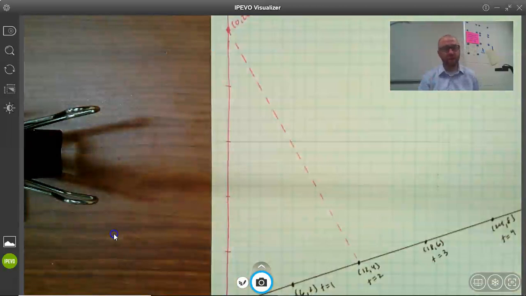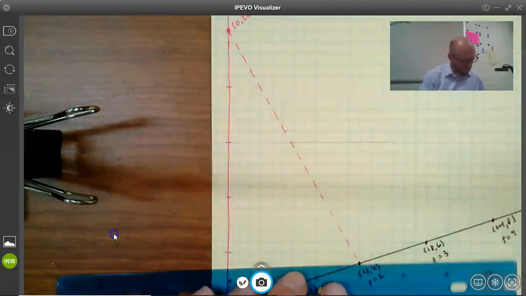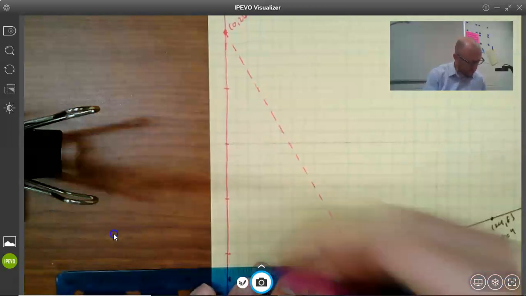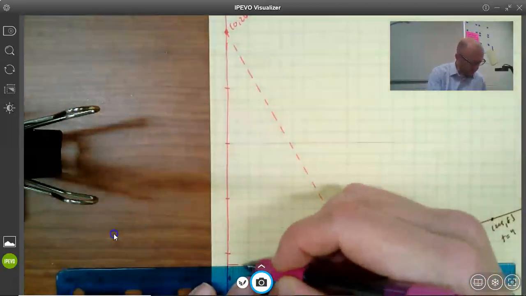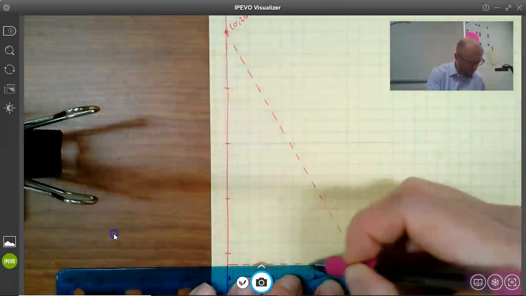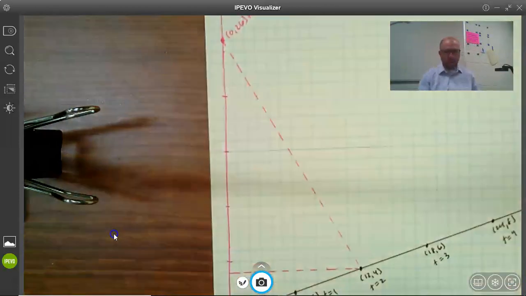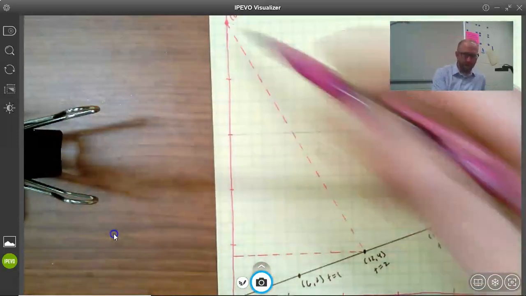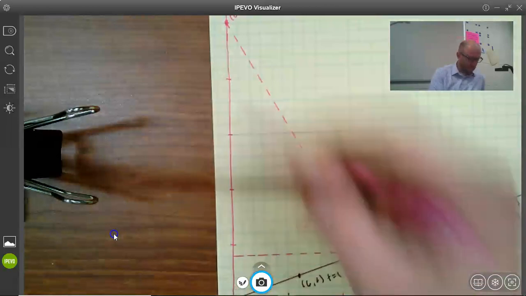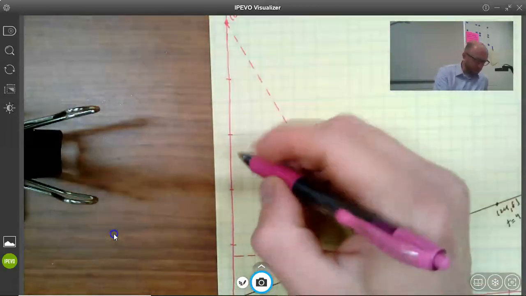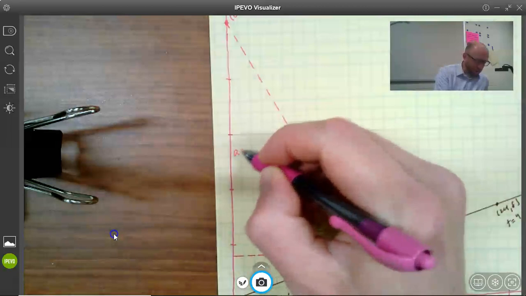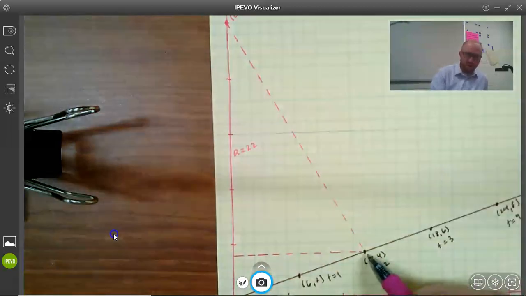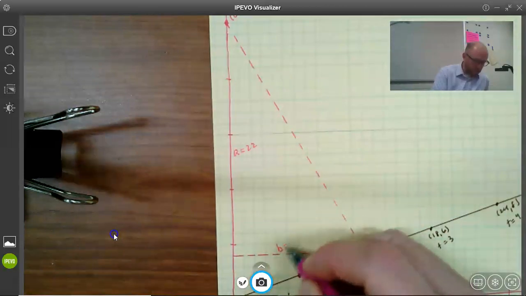Well, finding the distance between points in the coordinate plane, it's the good old Pythagorean theorem. You don't have to draw this in, but I'm going to. This is 26, and this is 4, so 26 take away 4 is 22. And here, this is 12, so 12 spaces over.